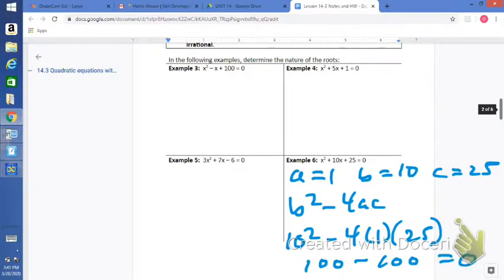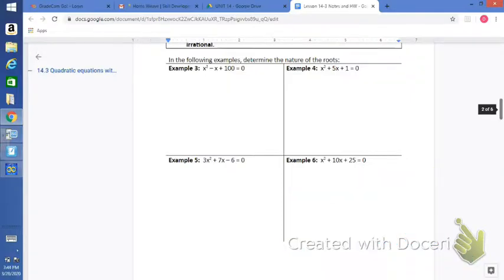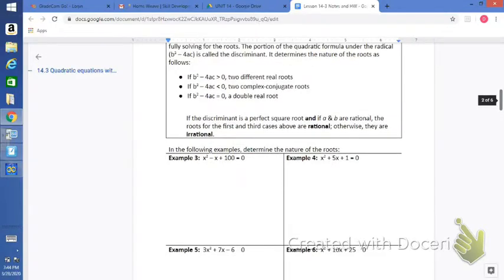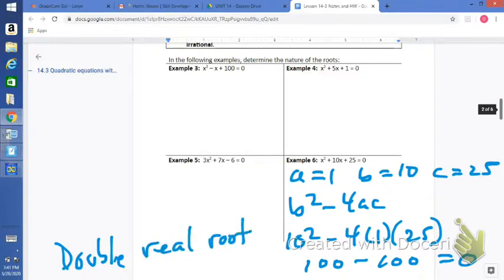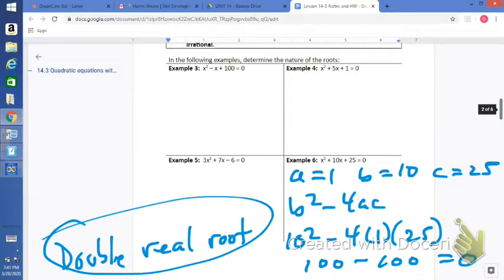Alright, so if I scroll up here, if your b squared minus 4ac equals 0, you have a double real root. So that's what it means to find the nature of the root.